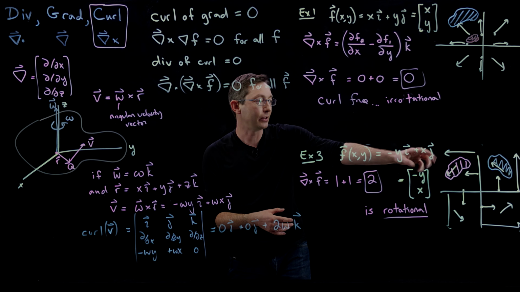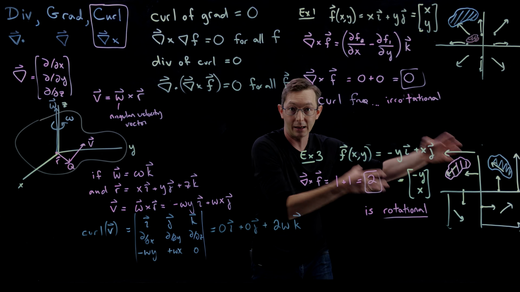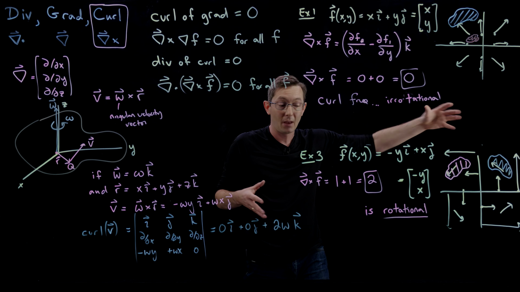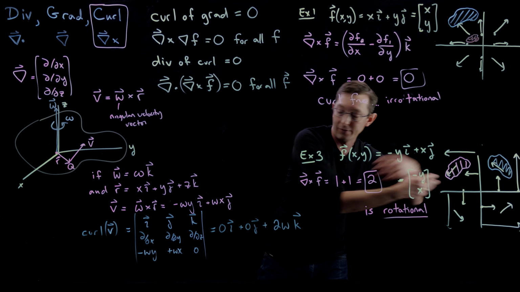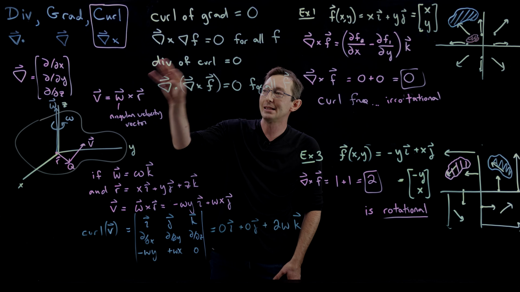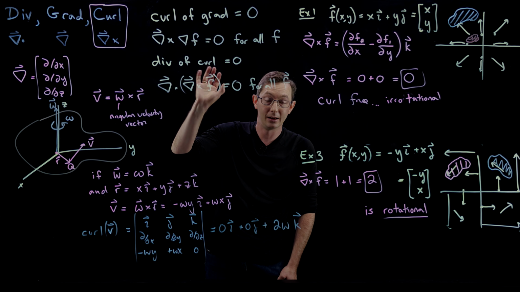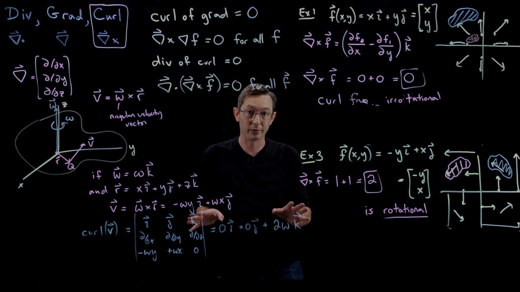So if this vector field had a divergence component and a curl component, if it was swirling and expanding, the curl would only pull out the swirling part of that vector field. It would only pull out the rotational part, and it would always be a divergence-free vector field. The curl of any vector field is always divergence-free.